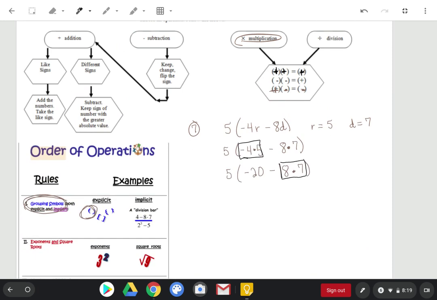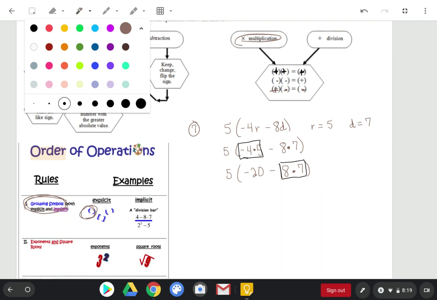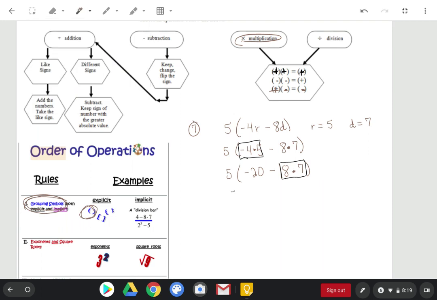So I'm going to replace my box with a positive number. So I'm recopying the 5 times negative 20 minus, and again, my box, positive 8 times positive 7 is a positive 56.